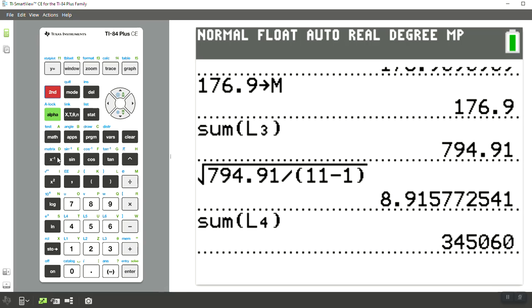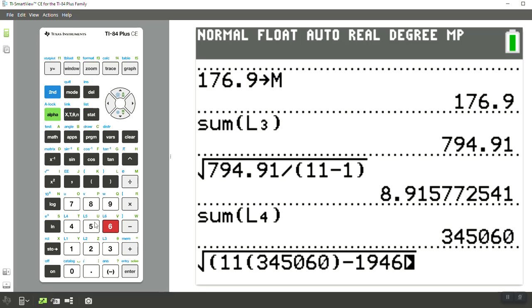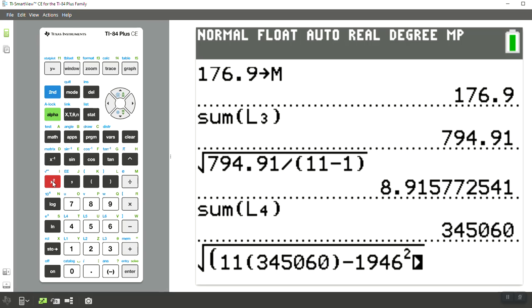The formula is the square root of n times, I'll put it in parentheses, 11 for n, times this sum of x squared, which we just computed. By putting the 11 in front of that number in parentheses, it means to multiply it. I'm going to subtract from that the square of the sum of x. The sum of x was 1946 earlier, and we'll square that.